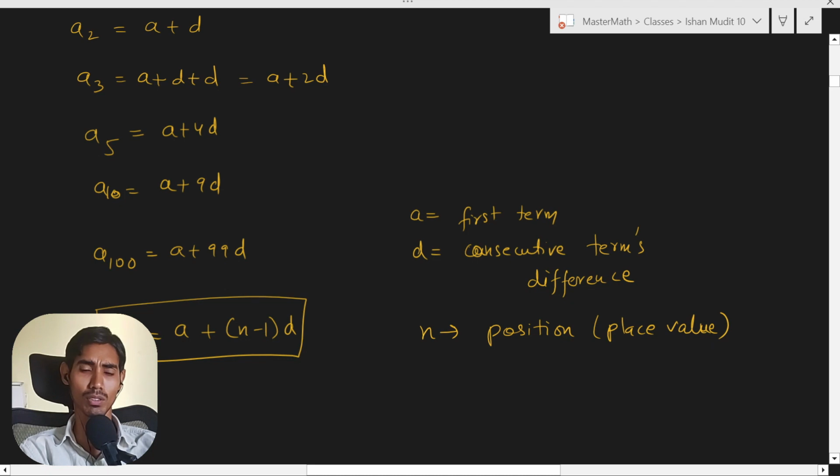Just give it some time to load. N is the position or the place value, and AN is the value of that number, whatever is sitting on that.